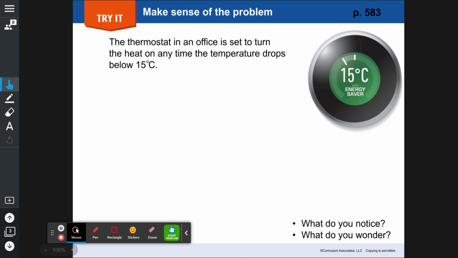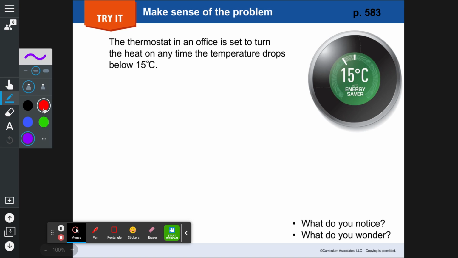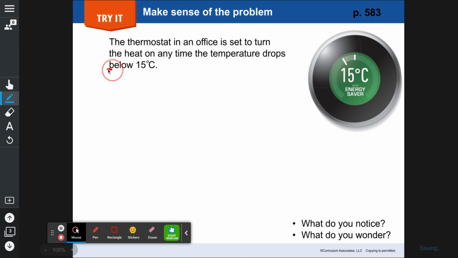In this particular problem, the thermostat in an office is set to turn the heat on anytime the temperature drops below 15 degrees Celsius.